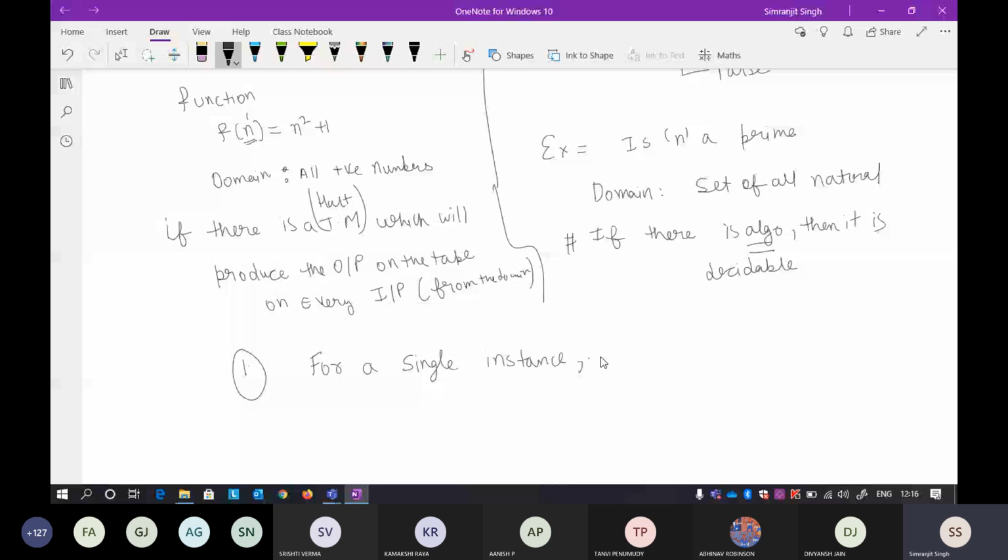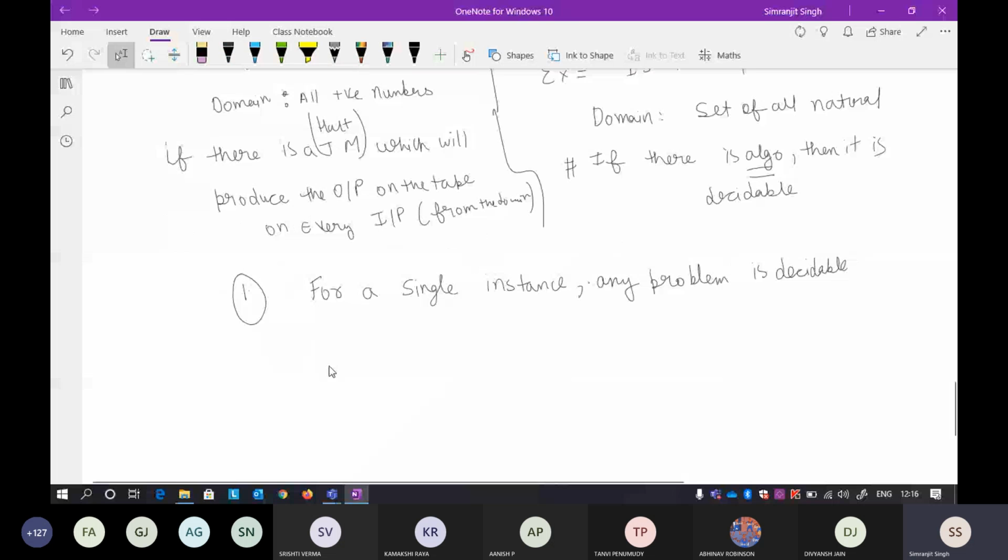I'll give you an example. There is a very popular problem: is a grammar G ambiguous? This is a very popular undecidable problem. I cannot develop an algorithm.